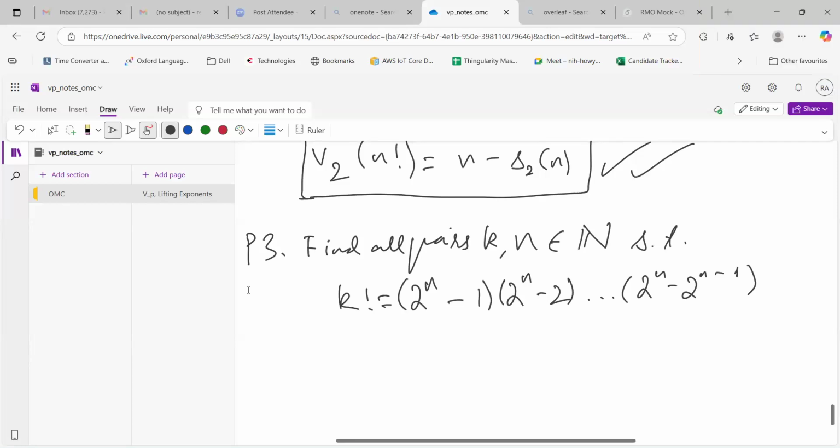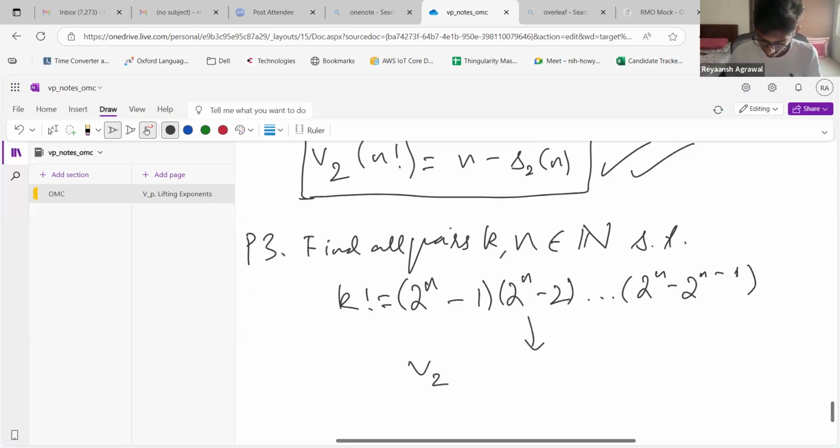We would use V2 in the RHS. The V2 of that side is 2 only. Um, 1. Sorry, it's not one or two. You have a bunch of products, right? It will be 0 plus 1 all the way up till n minus 1. Yes, exactly.